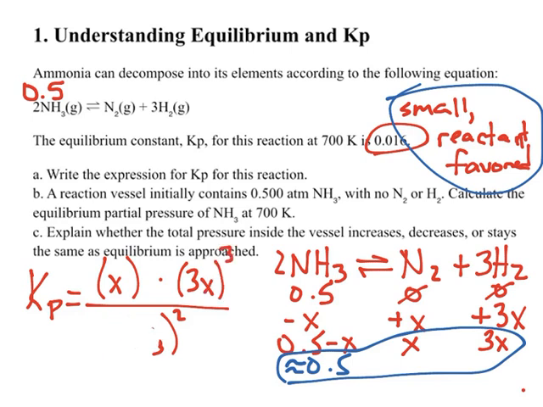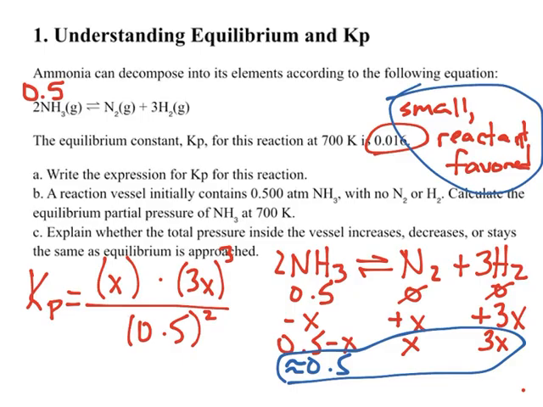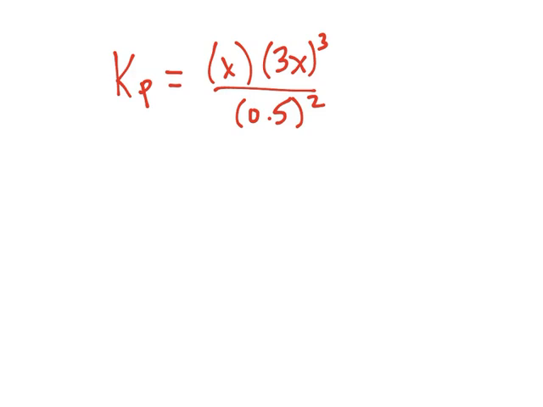The pressure of the NH3 we're going to leave as 0.5 due to our simplifying assumption, and that one was squared. So let's clean this up just a little bit, and we can also plug in our value for Kp, which we know, which was 0.016.